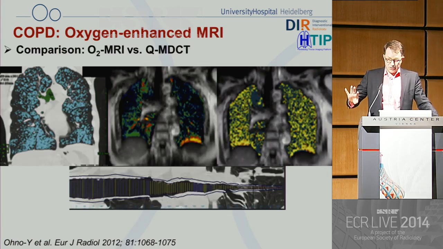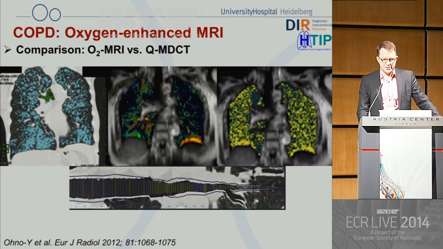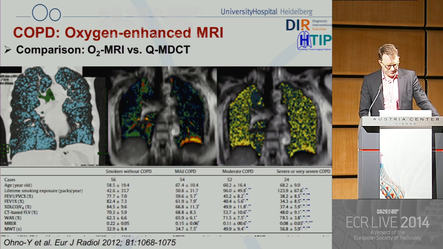For example, oxygen-enhanced MR has been compared with quantitative CT here by the Kobe group in Japan, where you can nicely see the enhancement due to the paramagnetic properties of oxygen. When you apply room air and then switch to 100% oxygen, you can again generate a map of ventilation and perfusion.